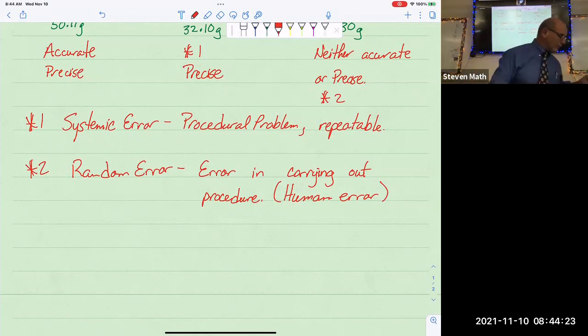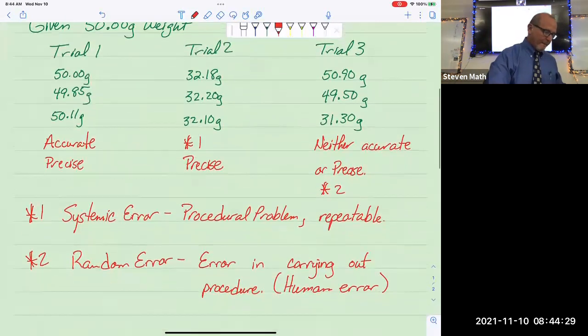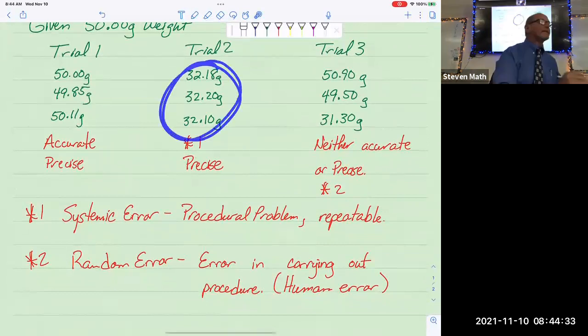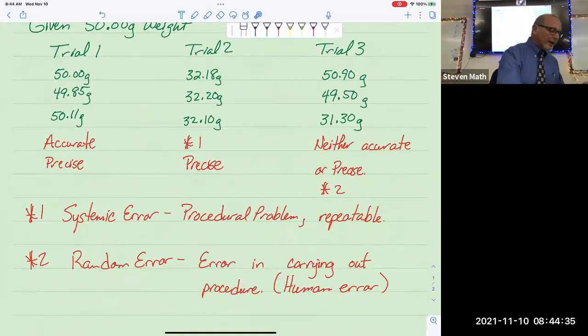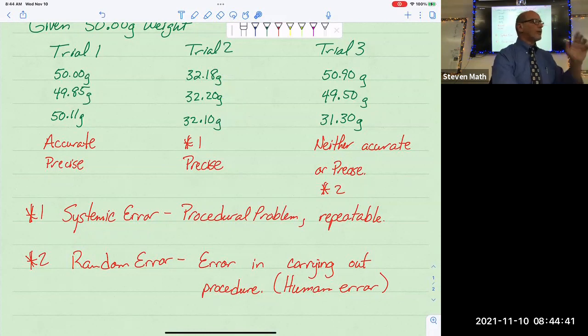Explain. So why would the second one be random error and the other one be like the other one? The other one is precise because all of my numbers are really grouped tightly together. And because they're all off about 18 grams, we know there must be something wrong with the measuring device or the procedure of measuring.